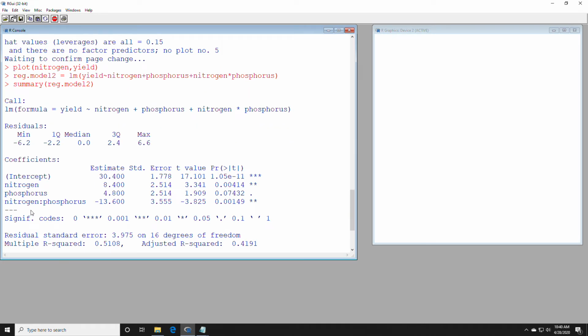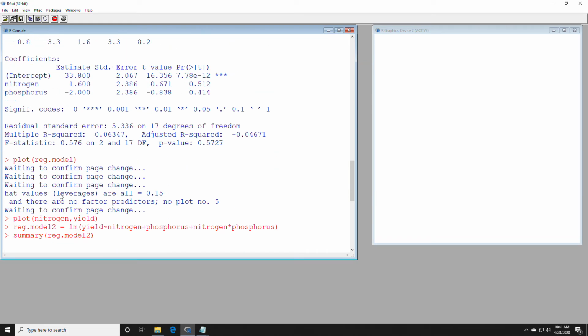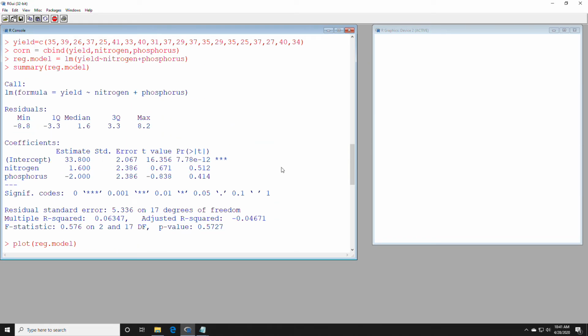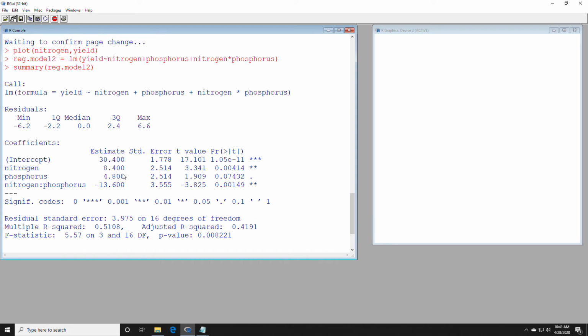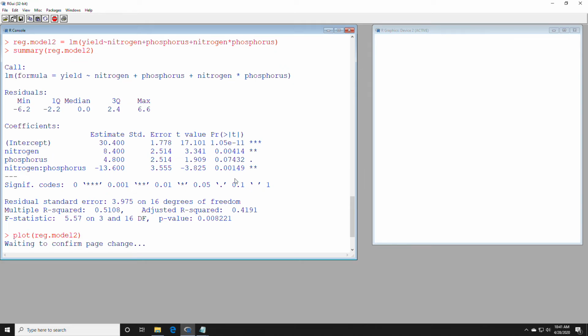But besides saying holding the other variable constant, these have nice interpretations. With the interaction term, that goes out the window, because now when we increase nitrogen, it matters what the level of phosphorus is. And so basically now nothing is interpretable. However, this model appears to be quite useful.